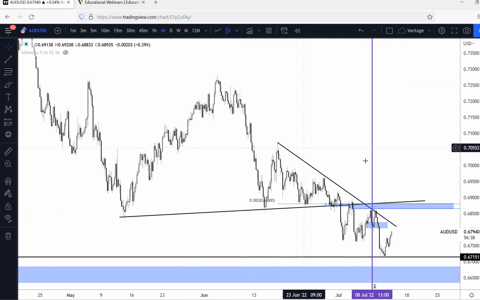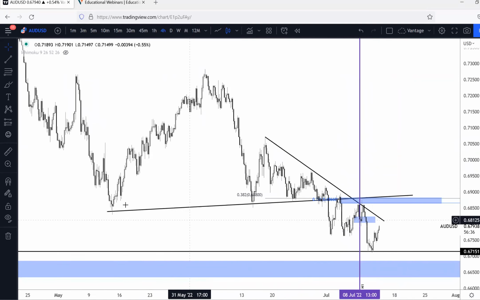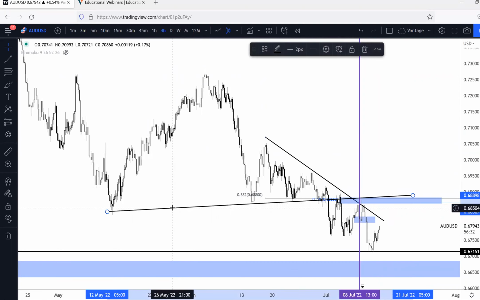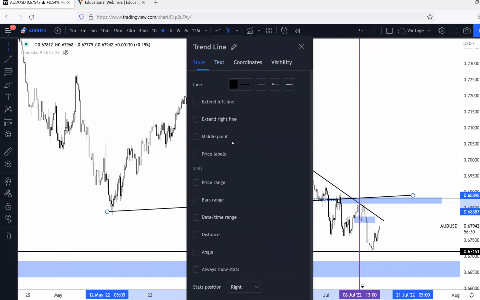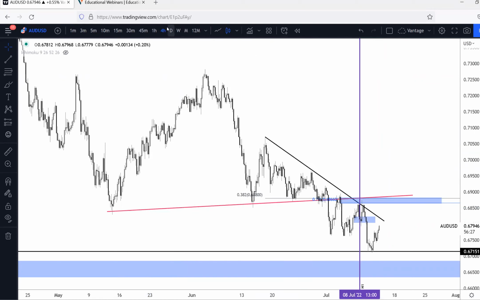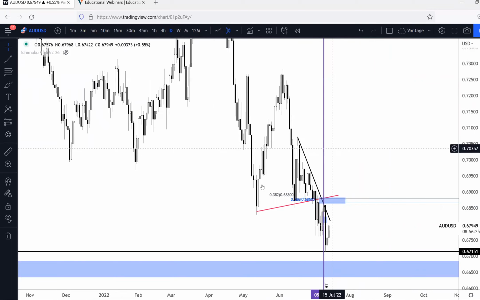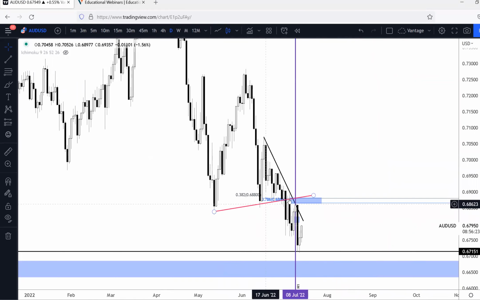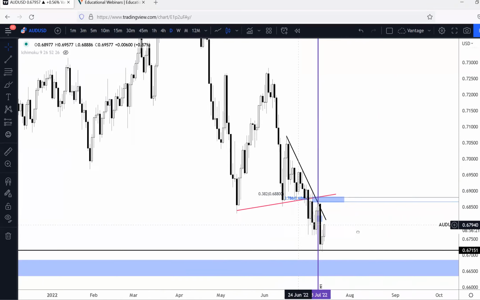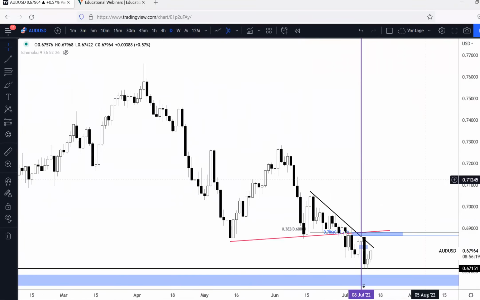On the 4 hours, it's respecting the descending trend line. It also broke and retested this trend line that we have on the daily. This daily trend line, which I'll mark in pink, price respected this area twice before it failed and retested as a resistance. And we can see it from this candle here.